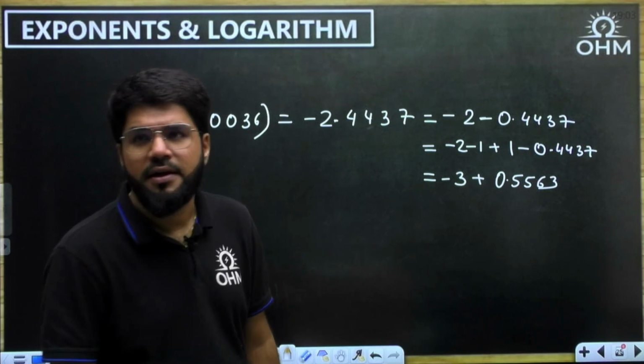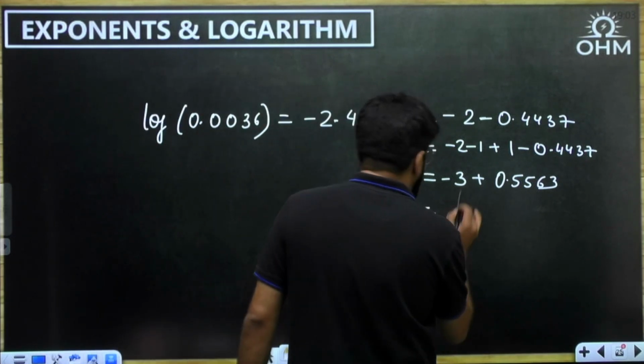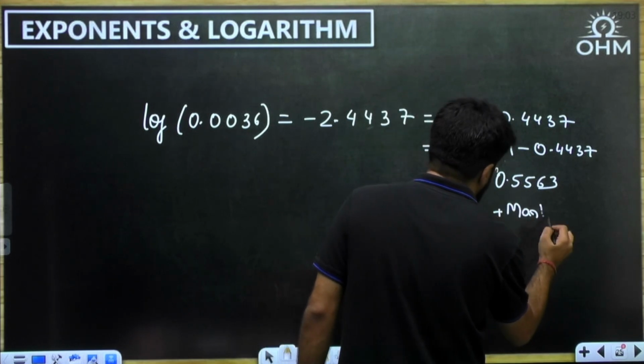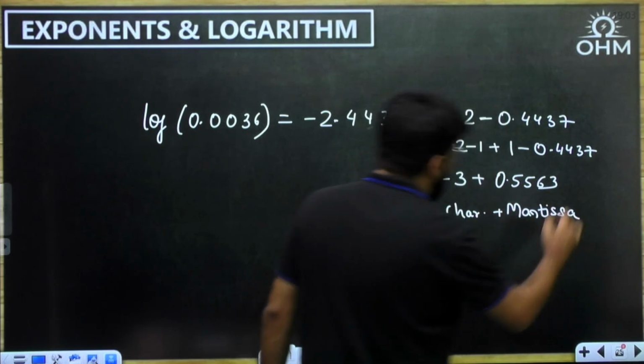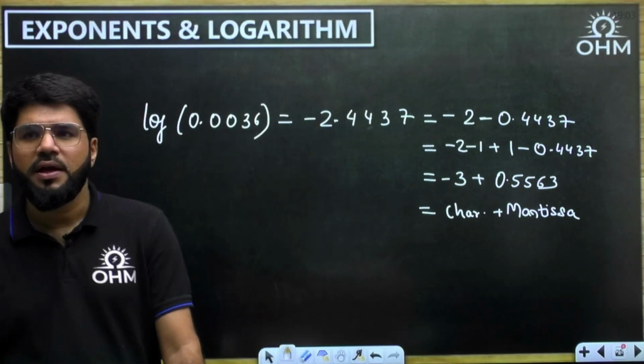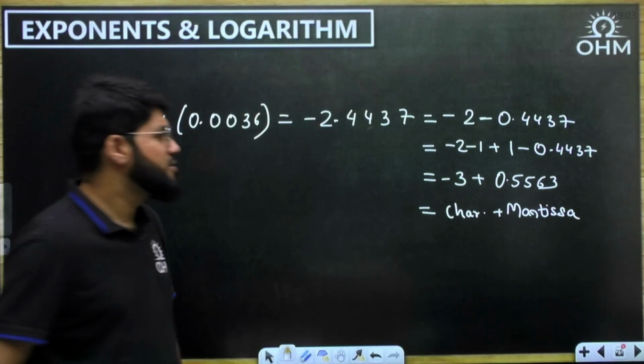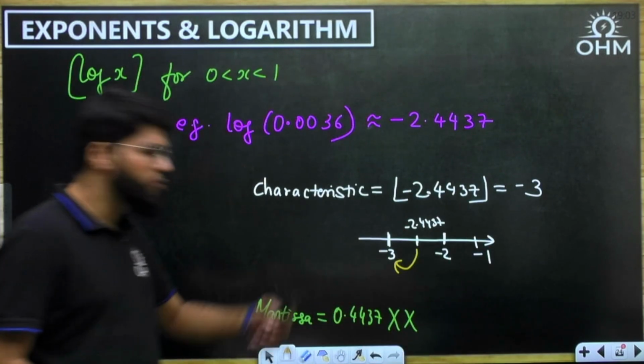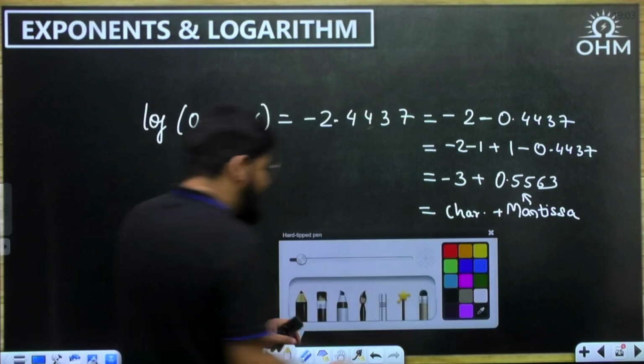Now minus 3 is the characteristic I told you, and the remaining part is the mantissa. So the value of the mantissa is 0.5563, not 0.4437. Got this? Be a little bit careful here.